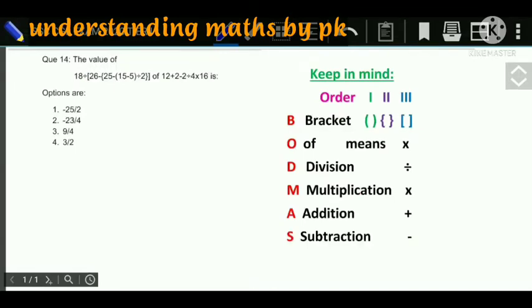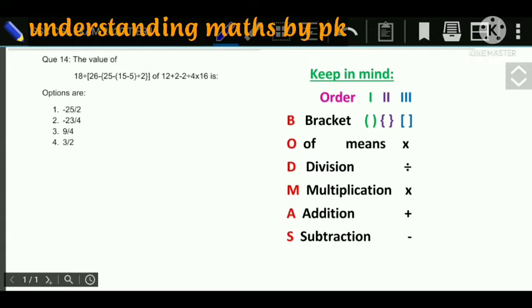Here is question number 14. The value of 18 divided by, inside the square bracket, 26 minus, inside the braces, 25 minus, inside the circular bracket, 15 minus 5, divided by 2, square braces and circular bracket closed, of 12 plus 2 minus 2 divided by 4 into 16 is.